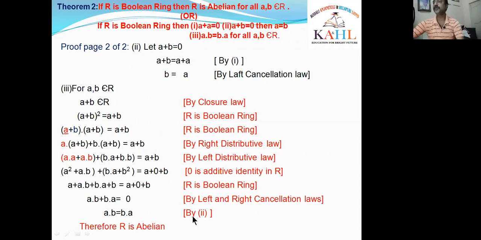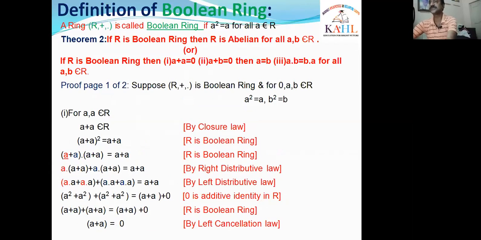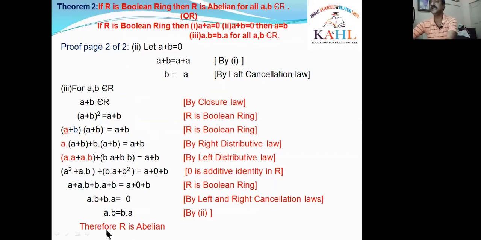This is from the second bit. AB is equal to BA, A comma B from R. A dot B is equal to B dot A. That means R is abelian. We took R to be a Boolean ring, and now we have proved that R is an abelian ring. That means every Boolean ring is abelian. The theorem is over.